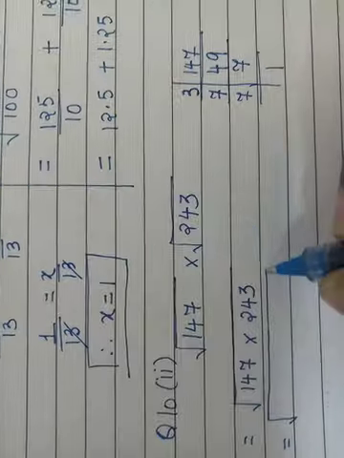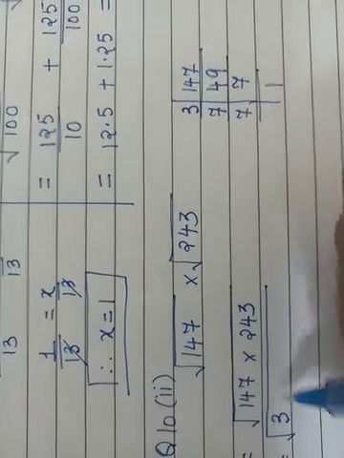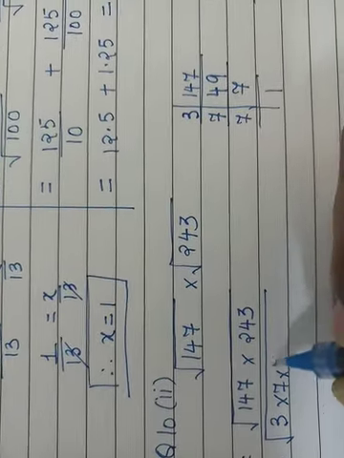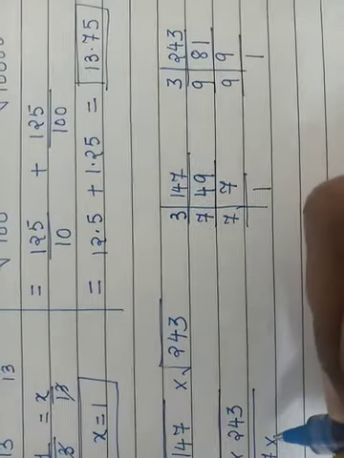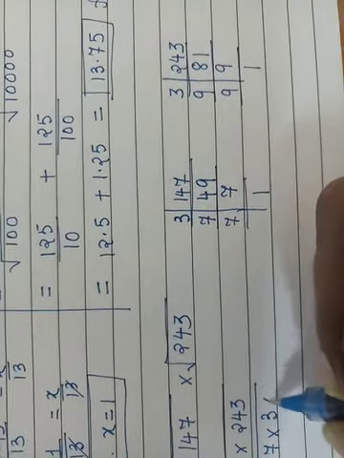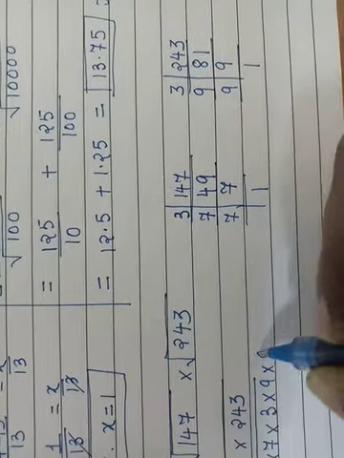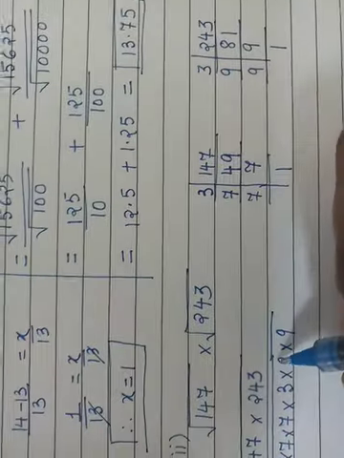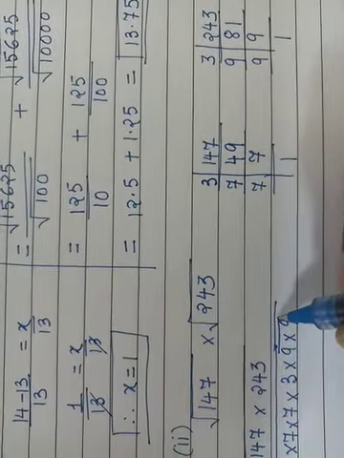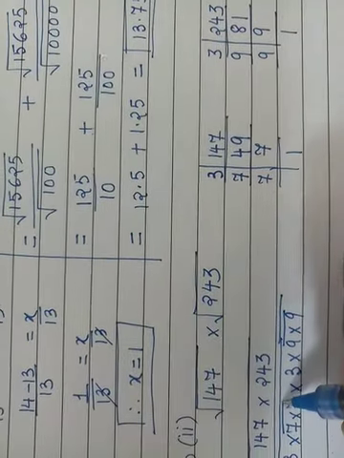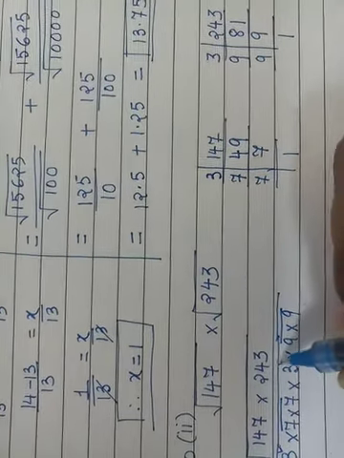In place of 147 we can write 3 into 7 into 7. And in place of 243 we can write 3 into 9 into 9. So we have a pair of 9, a pair of 7 as well as a pair of 3.